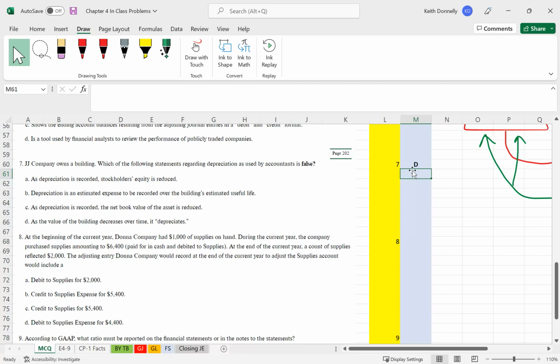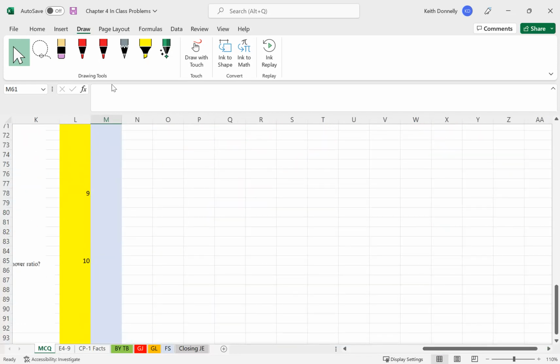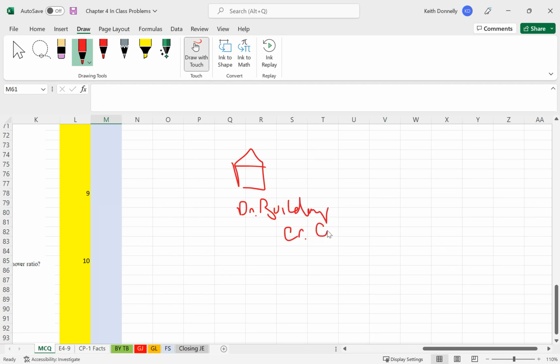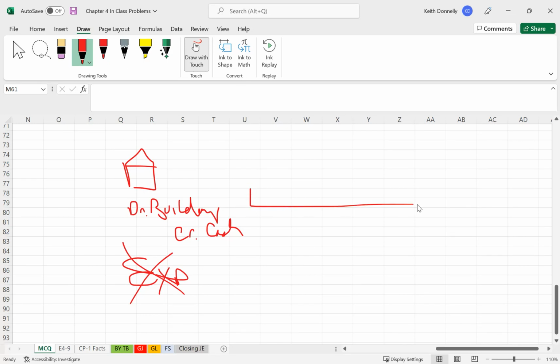In accounting, when we talk about depreciation, we're really talking about something called a cost recovery mechanism. And what that means is, if you buy a building, you're going to debit building, credit cash. You're not going to take the expense immediately. Instead, what depreciation says is, let's say I had a 10-year life.